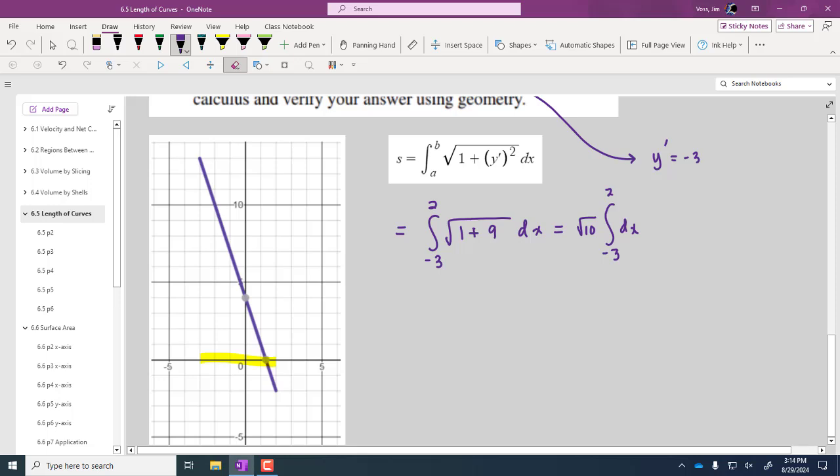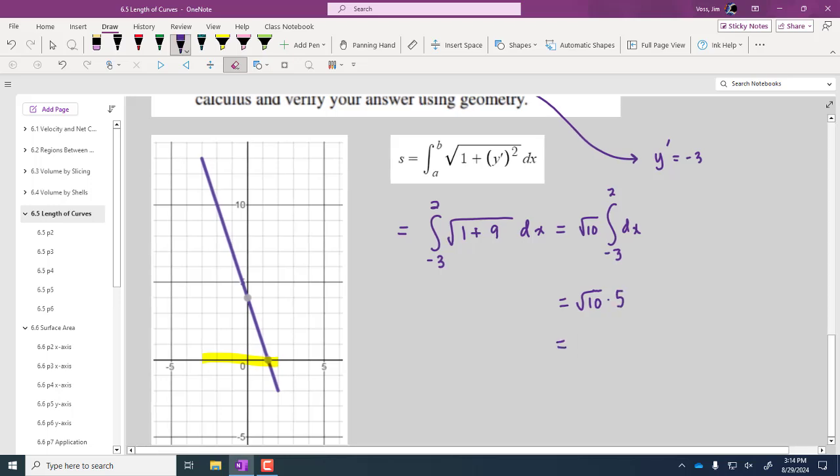We've got that. And this is the square root of 10 multiplied. Anyone know what that's multiplied by? What that constant is? 5. So we get 5 root 10.